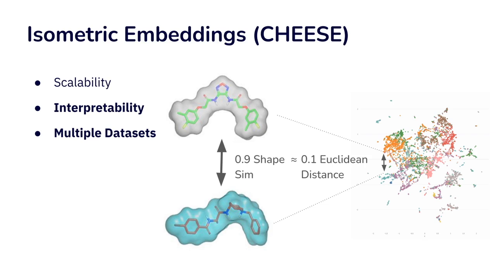So the AI models are producing high-dimensional Euclidean vectors, and in these Euclidean vectors, the ground truth similarities of the molecules are captured. It's not exact, there is some margin of error, but it's proportional. So if you have 0.9 shape similar molecules, it will translate into 0.1 Euclidean distance in the high dimensional vectors.